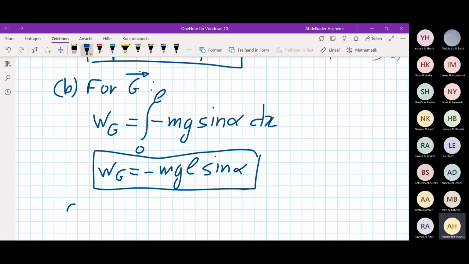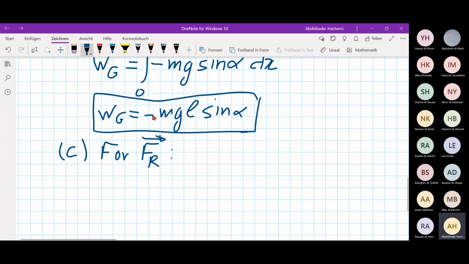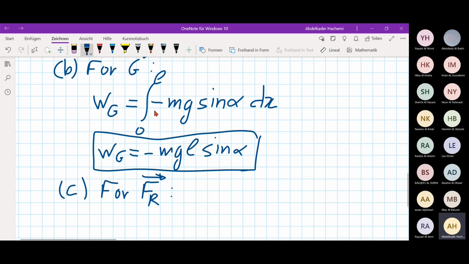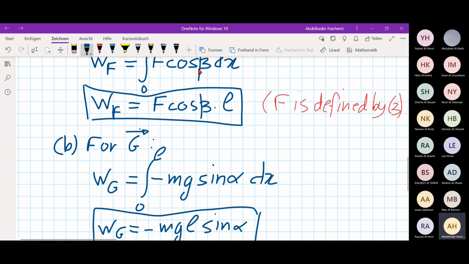Now coming to the third one, the work due to the frictional force Fr. It's already in the direction of x, then it is the same principle as this one here.